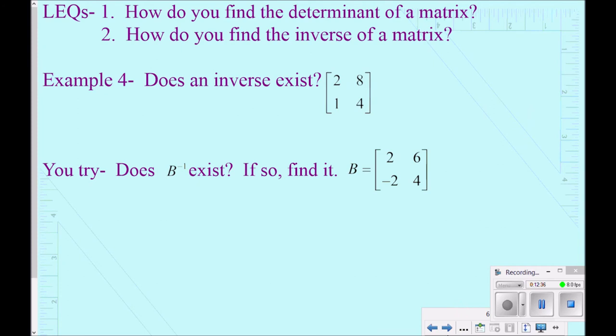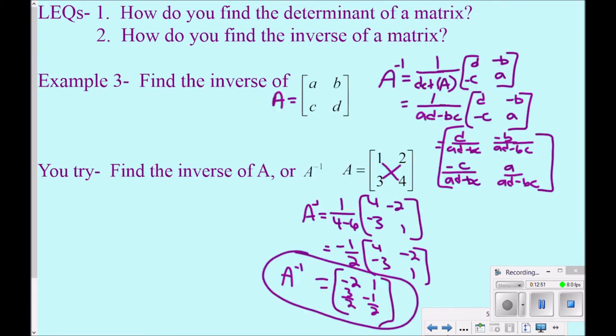Next, does an inverse exist? I want to point out that sometimes matrices do not have an inverse, and we're going to figure out when that is. I'm going to go back a moment to the previous slide and look at the process for finding the inverse. Remember, you take the determinant of A and put that in the denominator, and that fraction gets multiplied by all the other numbers in the matrix.